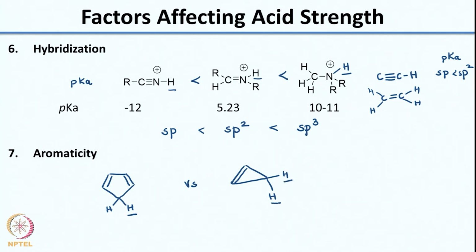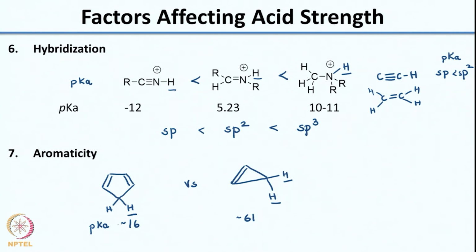So, what you see is the pKa of this molecule, cyclopentadiene, is 16, whereas the pKa of this is around 61. So, you see a major difference in pKa.